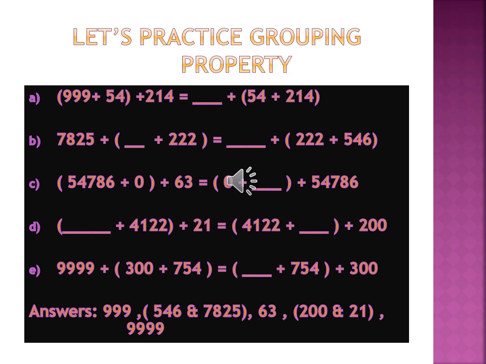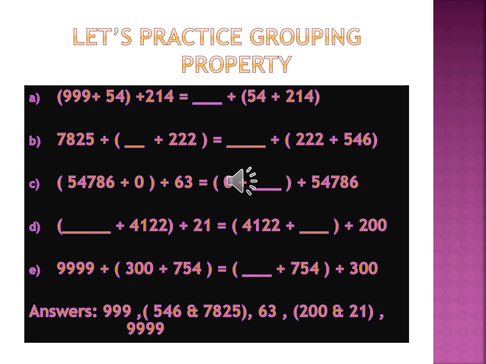A part, 999 plus 54 grouped together plus 214 is equal to dash plus 54 plus 214 grouped together. Now the thing that you have to be careful about in grouping property is the number of addends. There will be 3 addends on both the sides.